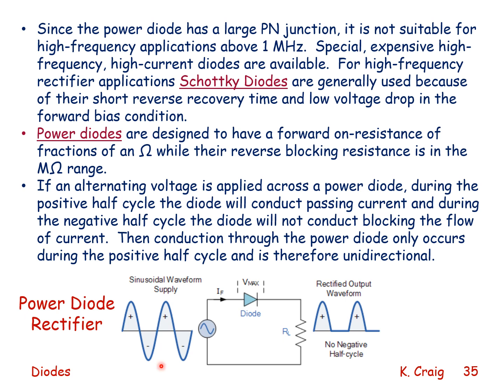Here we see a power diode rectifier, a sinusoidal waveform, and our diode. Current only flows through the diode during the positive half cycle. There is no negative half cycle. We call this the rectified output waveform.